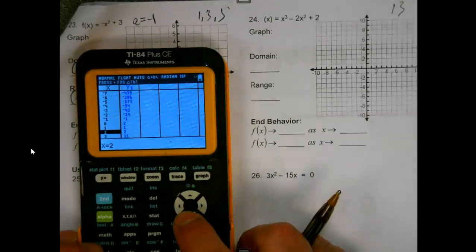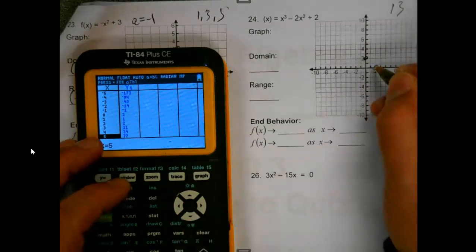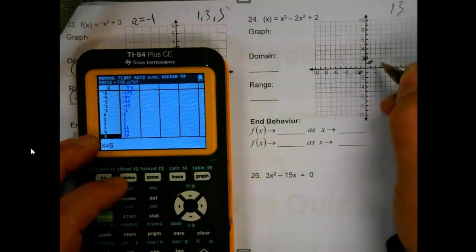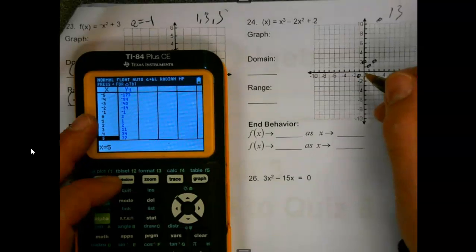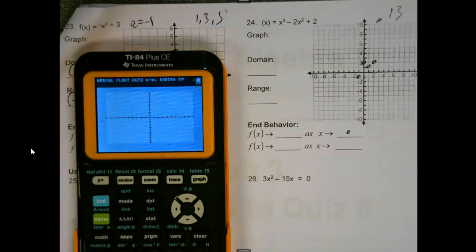Basically, I'm looking for anything that is going to fit on my graph. So 0, 2, 1, 1, negative 1, negative 1, 2, 2. 3, 11, and negative 2 way down here somewhere. Let's look at the picture. We don't have a lot of experience with cubes, so we'll get a little help here.